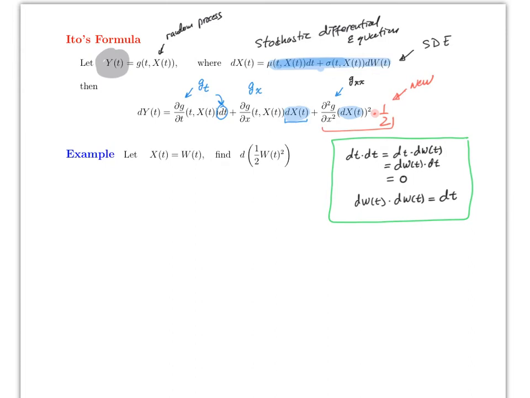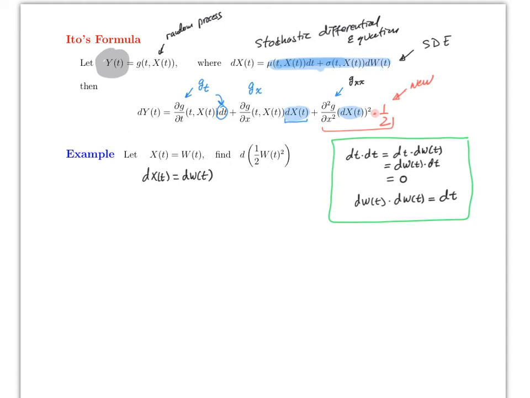All right, so let's do an example. Here X_t is going to be the process, which is just pretty much the Wiener process. Notice here, if you do dX_t, this is technically just dW_t.